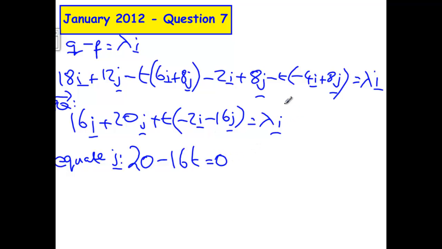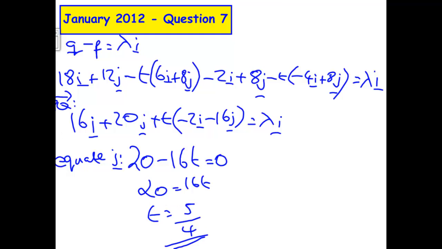They must be equal to 0 because on the right hand side it's lambda i. So if I solve this equation, that will find me the value of time that's required. So that tells me that 20 is 16t, and dividing both sides by 16 tells me that t is 5 over 4.